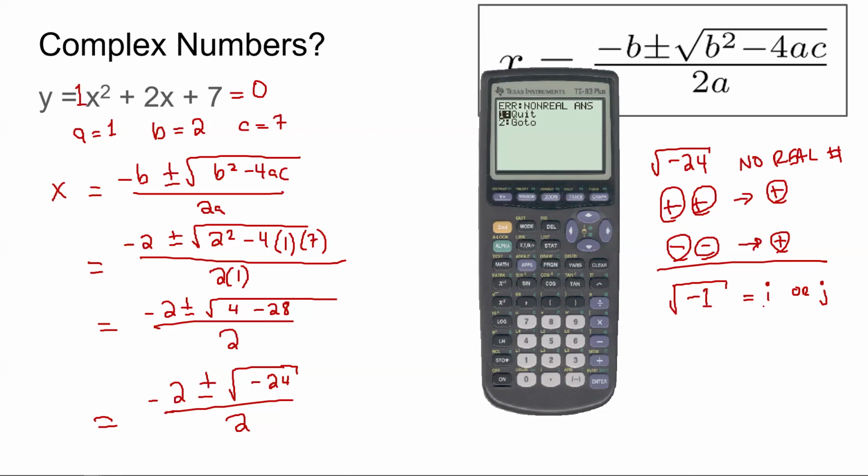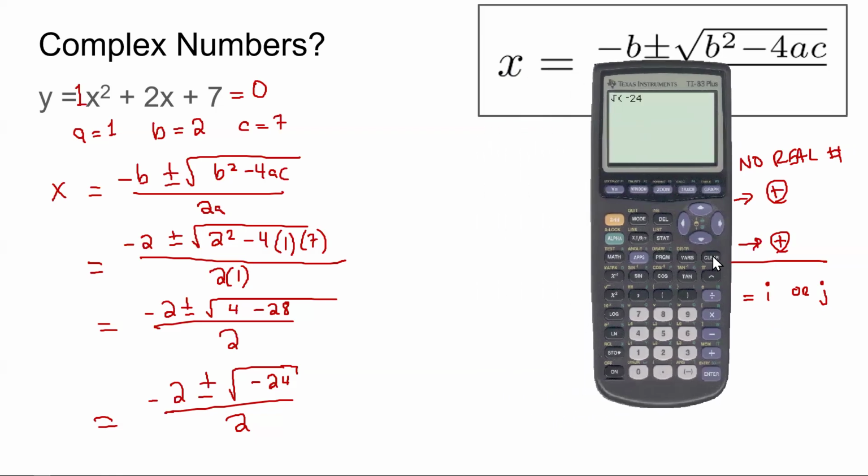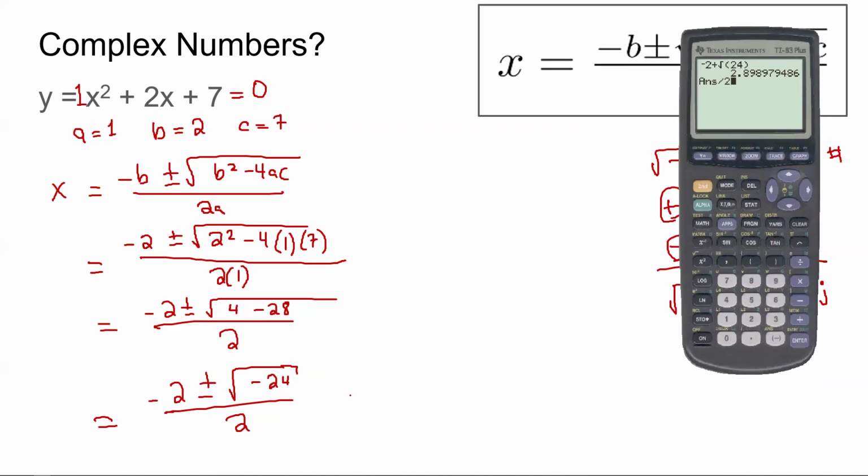It's not on the number line that we use, and this will work. So when you get done over here, what I could do is say negative 2 plus the square root of 24. That's taking the positive part of this, but there's still the negative. I'm going to have to put an i on there to do this, and I need to divide all that by 2. You know what? It'd be better to not do it this way.